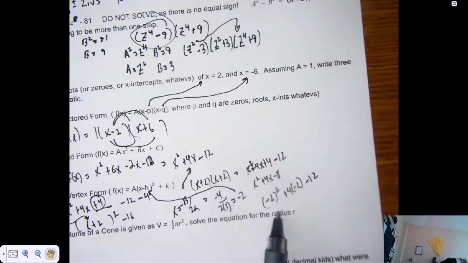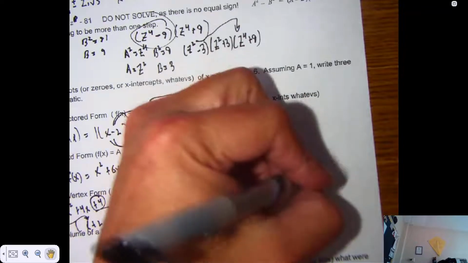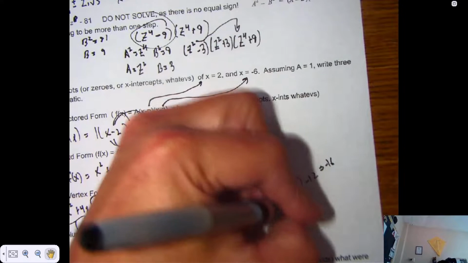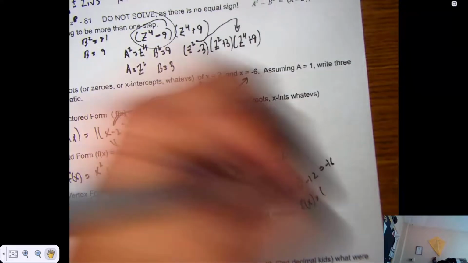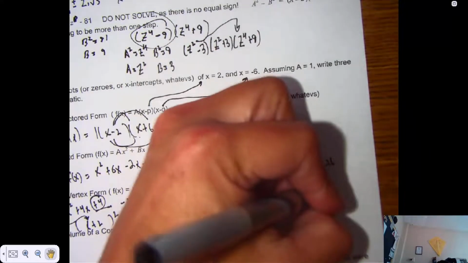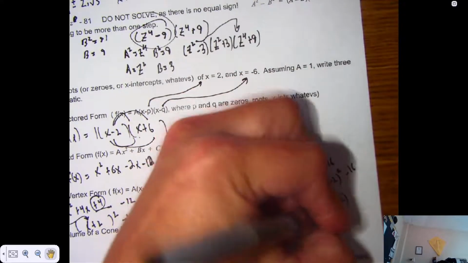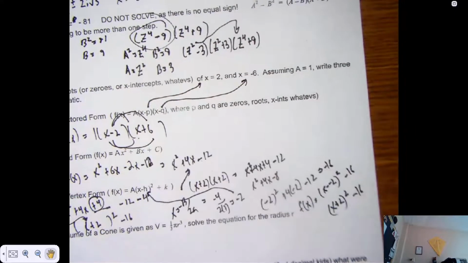That'll create a 4. That'll create a negative 8. That's negative 4. And you'll get your negative 16. So if you just plug in your form up here, you'll have x minus a negative 2 squared minus 16, which is the same exact thing. So you can do it either way you want.